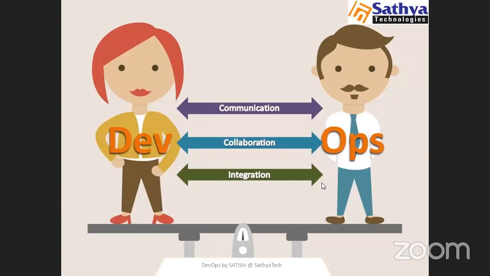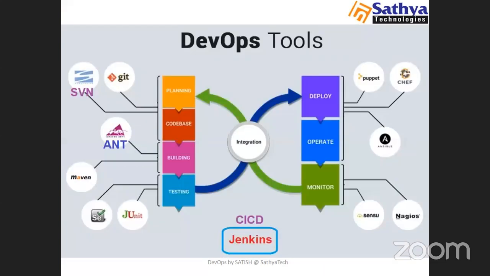But for this automation, we use a set of DevOps tools. Can you see this picture? You'll find multiple tools here. We have a set of tools for development and a set of tools for operations. Can you see these tools here?